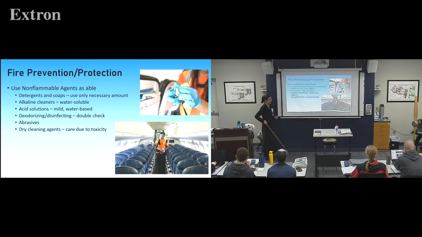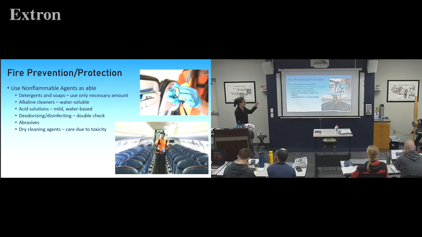Don't be taking the soapy solution and just sopping it into the seats, because the fabric and seats on aircraft have to be fire retardant, and sometimes that fire retardant fabric has special salts in it that is part of the fire retardant substance.